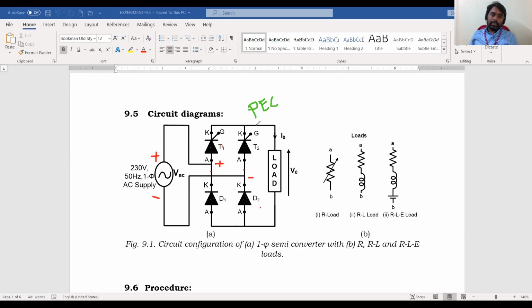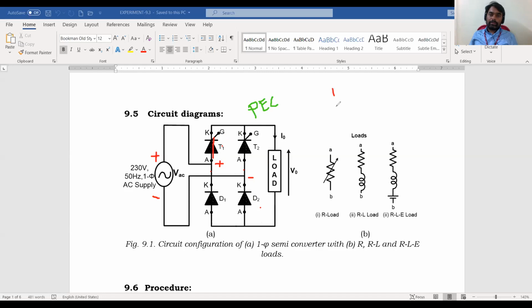If I apply a triggering pulse to T1 during this positive half cycle, T1 will conduct, and the current leaves from the positive terminal, through the T1 anode, cathode, load, D2 anode, D2 cathode, and back to the source. This is the direction of current during the positive half cycle.